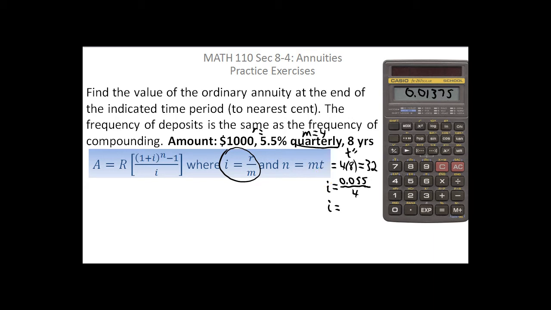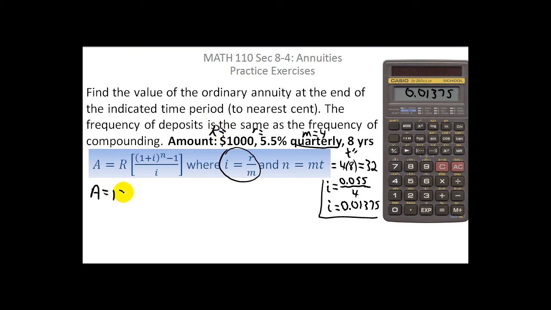Now you can keep these values in the calculator, but sometimes you need them more than once, and unless you want to store something in memory, it's not a bad idea to write these intermediate results down, even though they are in the calculator. Okay, so we're ready to go now. The future value A is capital R, which is the periodic payment. The amount they put in periodically is $1,000.